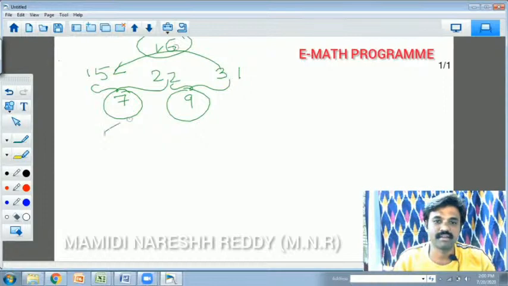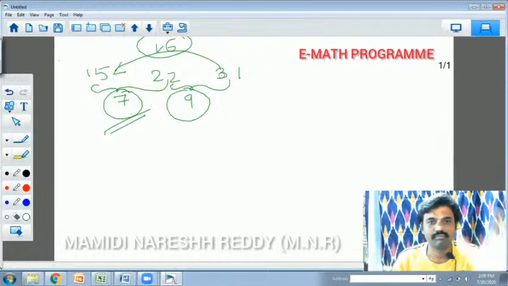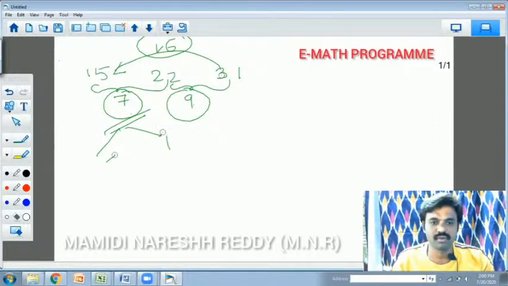We need to check whether 7 is a common factor of 15, 22, and 31. It is not a common factor of any of the numbers. As it is a prime number, 7 comma 1, it has only 2 factors, 1 and itself.